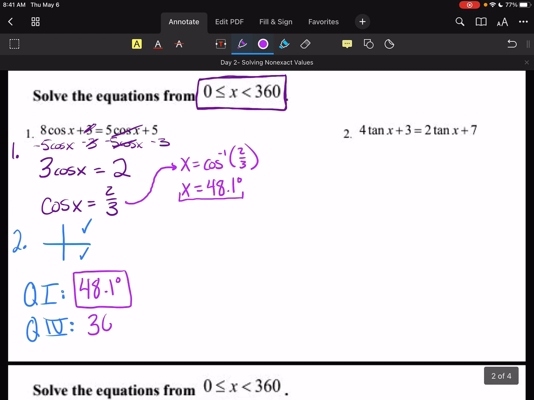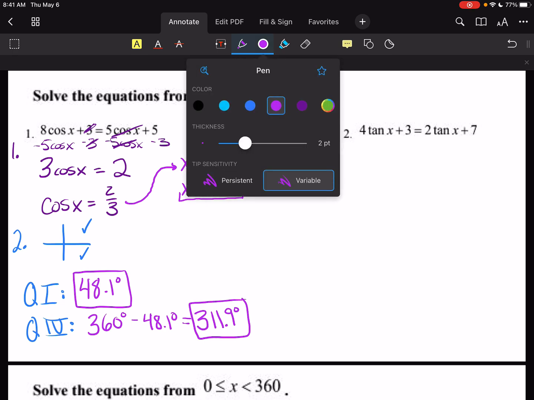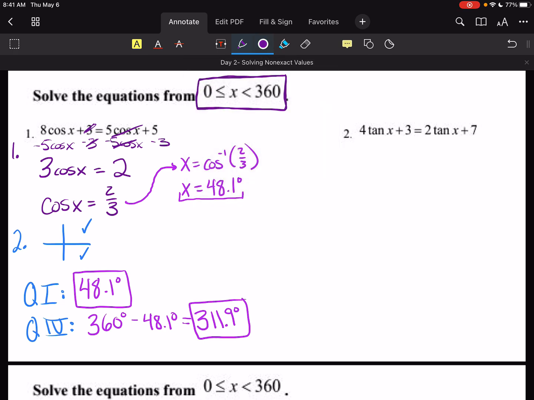So 360 minus 48.1, and I get 311.9 degrees. So really we're only adding one new step, using the calculator, I guess 2 steps: using the calculator and then adjusting to the quadrant using one of those little equations we have.